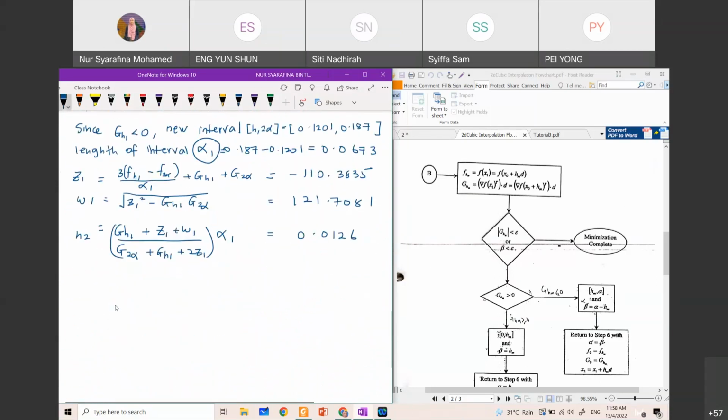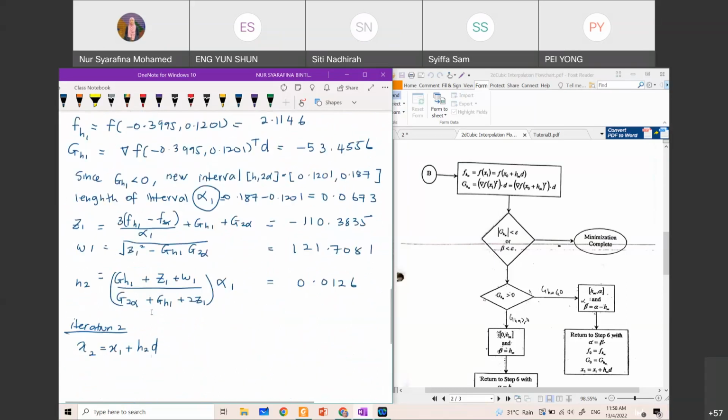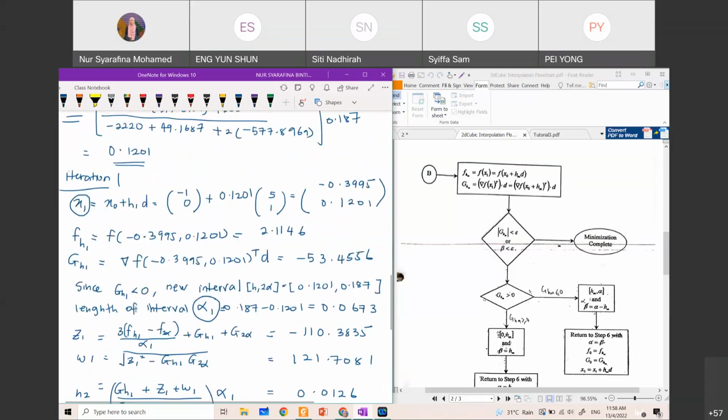So in iteration 2, we need again to find our x2, which is x1 plus h2 times d. Right? In the previous iteration, x1 equals x0 plus h1 d. So once you have your x2, then you can find your FH2, GH2, check the condition, is it less or greater than 0, and then identify your new interval and so on.